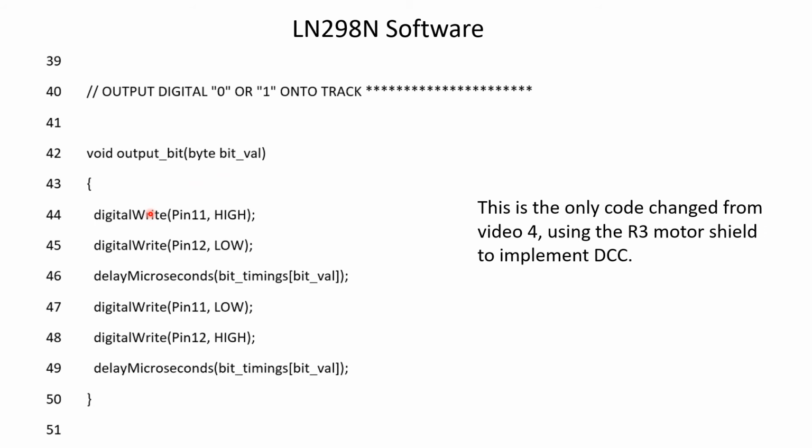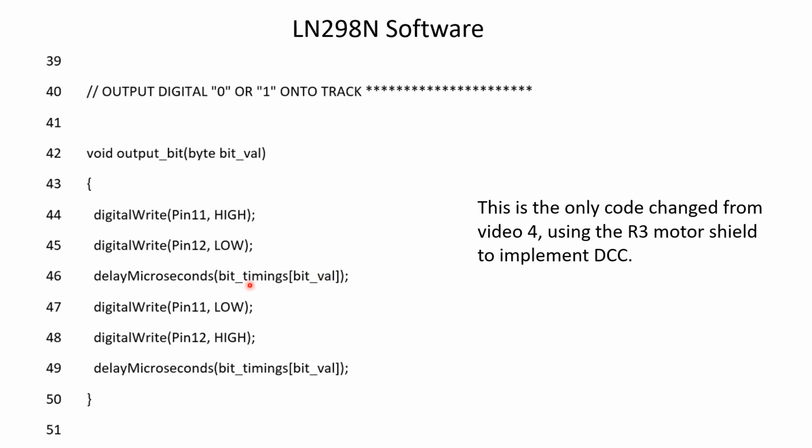First of all, onto the track, into pins 11 and 12 of the 298, I put pin 11 at high and pin 12 at low. Then I wait 100 microseconds if I want to transmit a DCC digital 0, or 57 microseconds if I want to transmit a DCC digital 1.